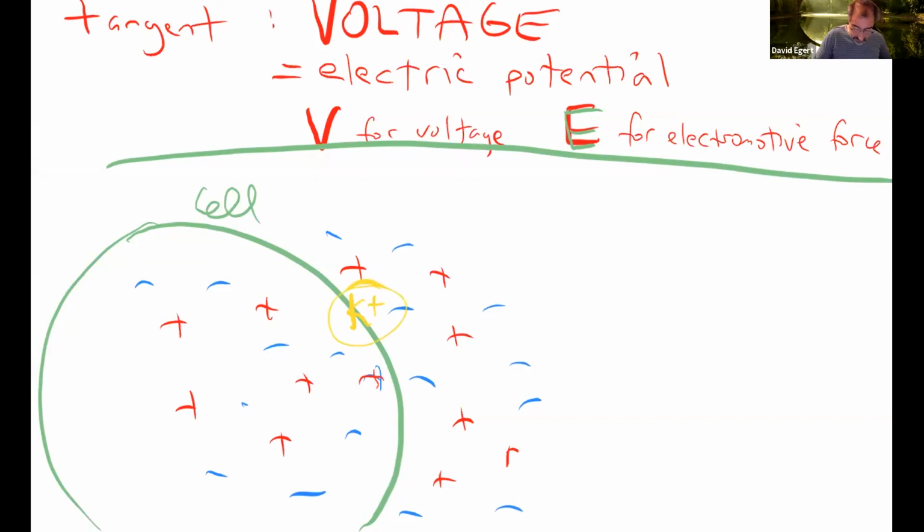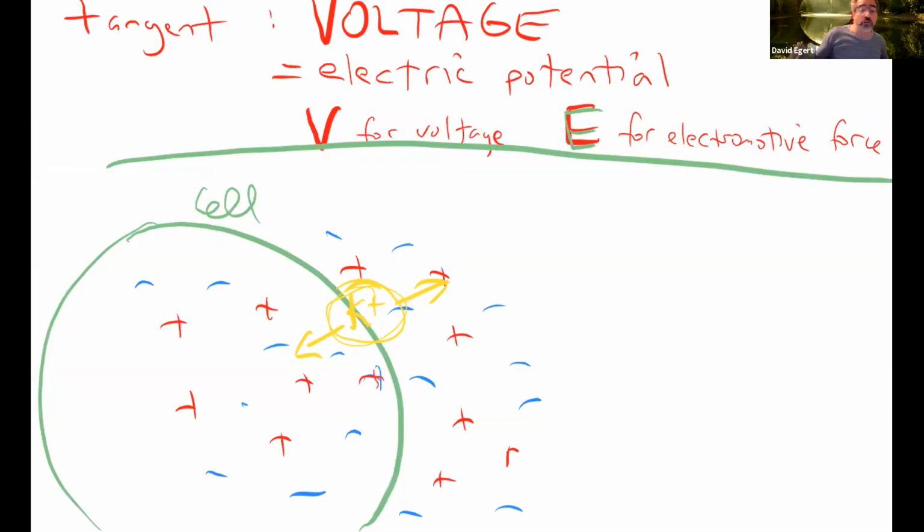Here's a potassium kind of floating. Normally if I'm in the classroom, I can actually have a thing floating around in front of the board, but I can't do that now. So does this potassium want to move in or out of the cell based on the electric field, the electric charge? No. If it's totally balanced on either side of the membrane, there is no potential energy driving the movement of this ion in or out of the cell.